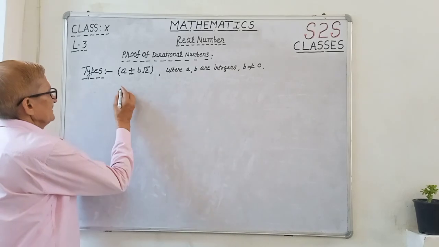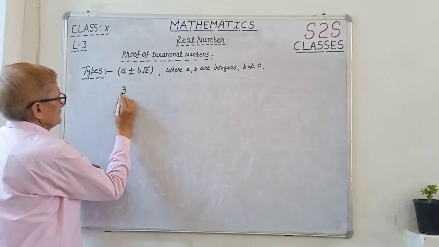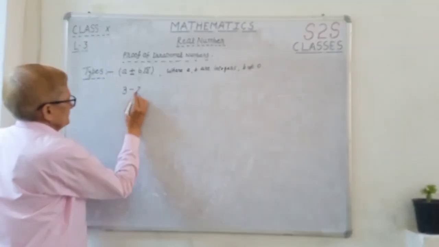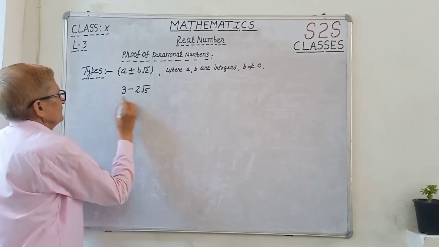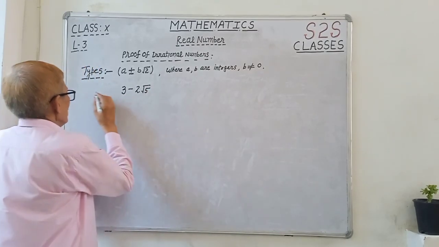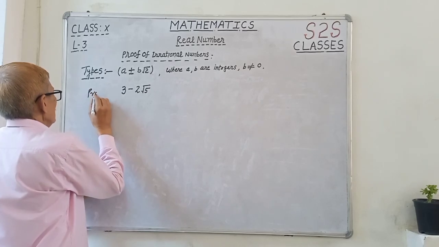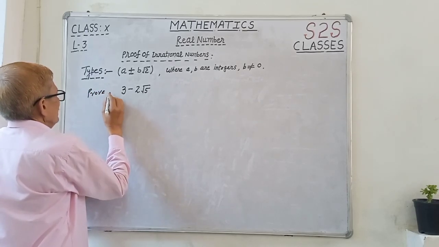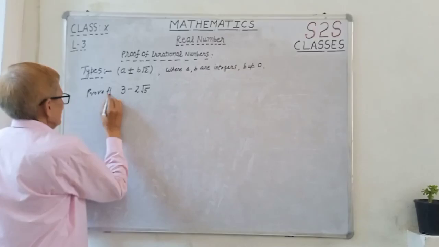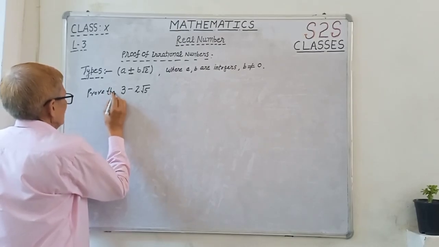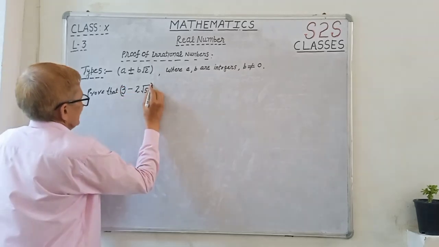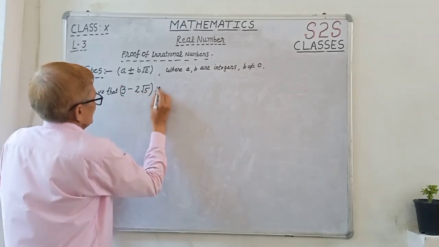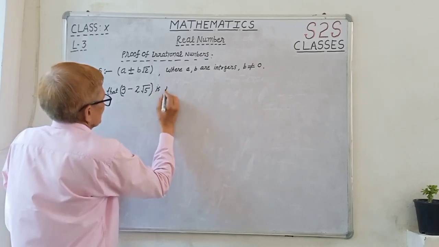Means, like if the number is 3 minus 2√5, prove that 3 minus 2√5 is irrational.